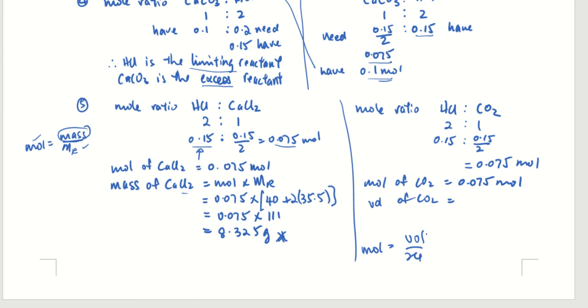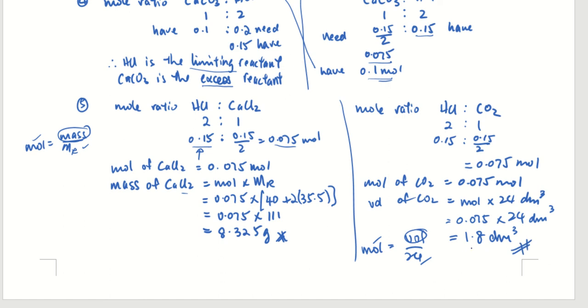So we want to find the volume. We multiply the mole by 24 dm cube. So perhaps again I should write down the equation. We'll have mole times 24 dm cube. We have 0.075 mole times 24 dm cube, and we arrive at an answer of 1.8 dm cube. And that ends our question.